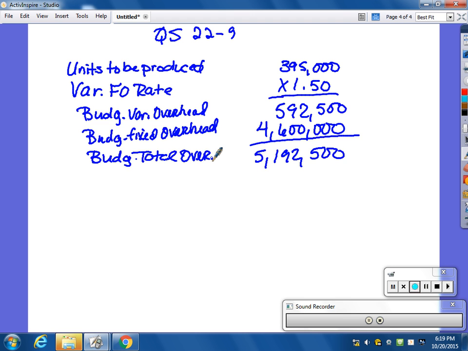All right, Quick Study 22-10. Great sales miniature digital cameras for $250 each. 1,000 units were sold in May, and it forecasts 4% growth in unit sales each month. Determine A, the number of camera sales, B, the dollar amount of camera sales for the month of June. What kind of budget do you think you need to do for that? Out of all the budgets that make up a master budget, what budget do you think you need to do for that one?